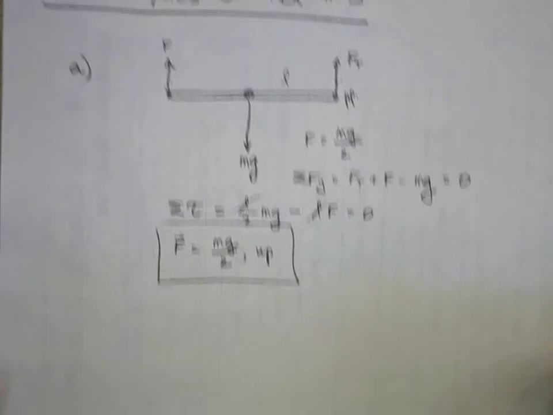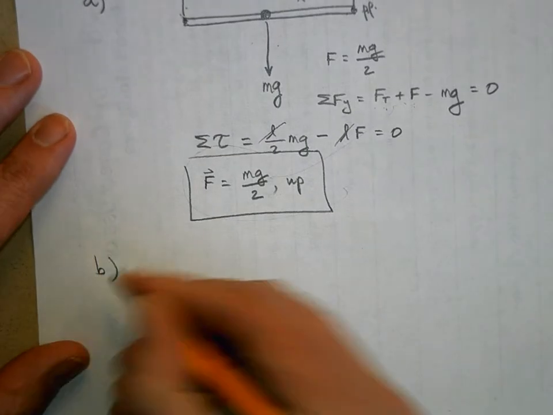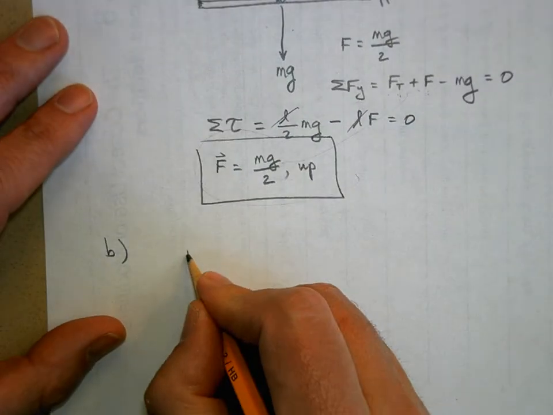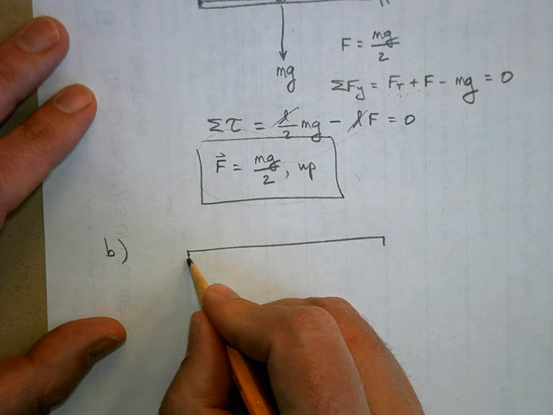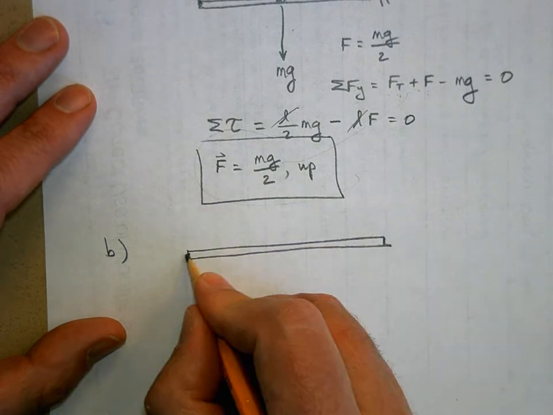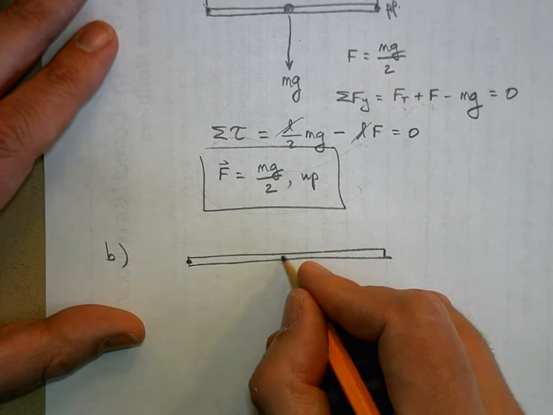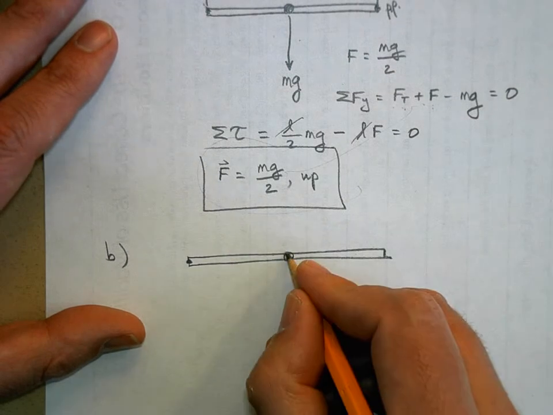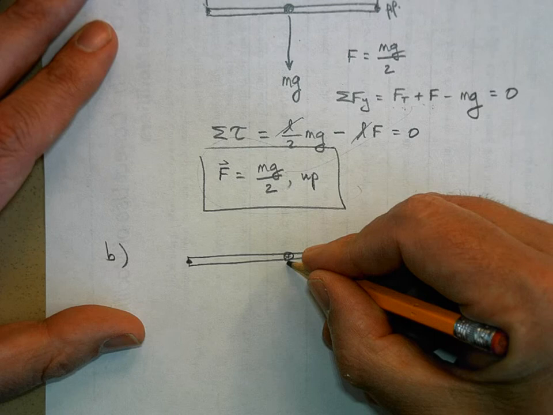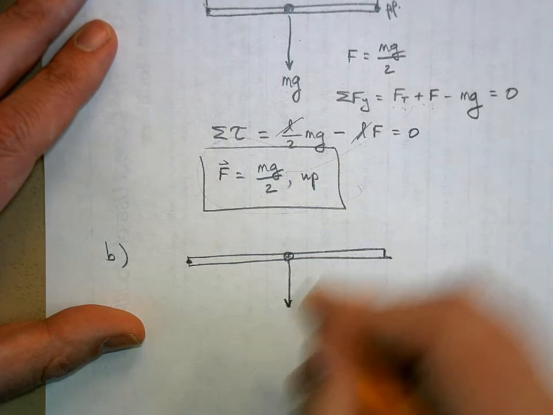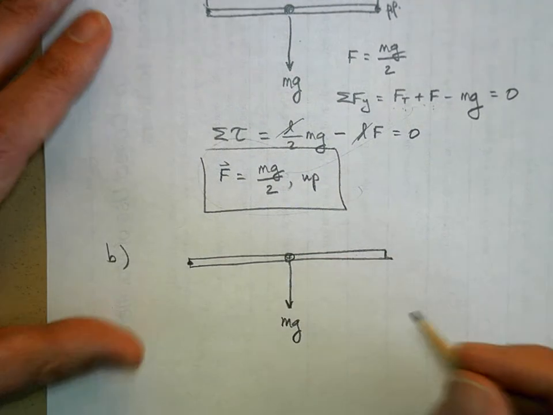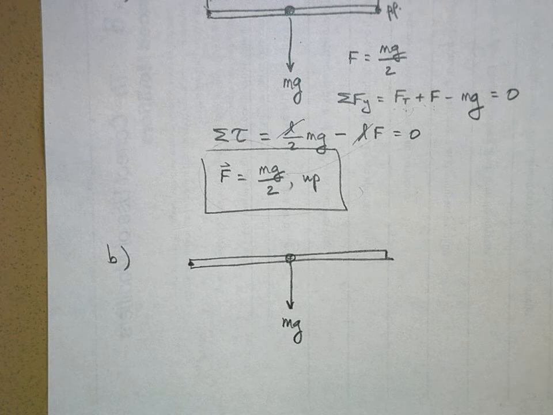All right, so here's our situation. Here it's pinned at the very end. So now we do have an object that's rotating. If I draw the free body diagram, at this very instant, here's mg, and then we've got some unknown force.